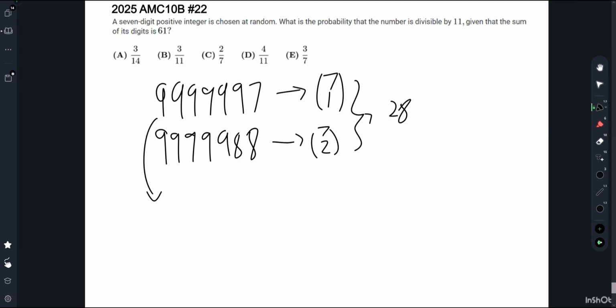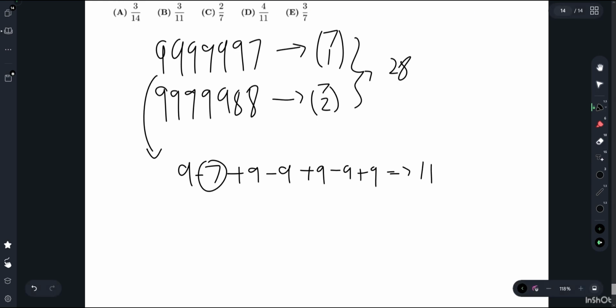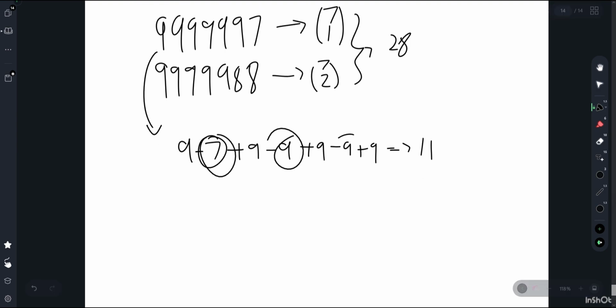So let's take a look at this case. This case is divisible by 11 if we set the 7 as one of the 3 inside values, as the divisibility rule of 11 is odd minus even. So we have 9, we have this, and as we can see, this sums to 11, and since it sums to 11, it's divisible by 11. So there are 1, 2, 3 choices where we can put the 7, as it has to be in one of the spots where it's minus.